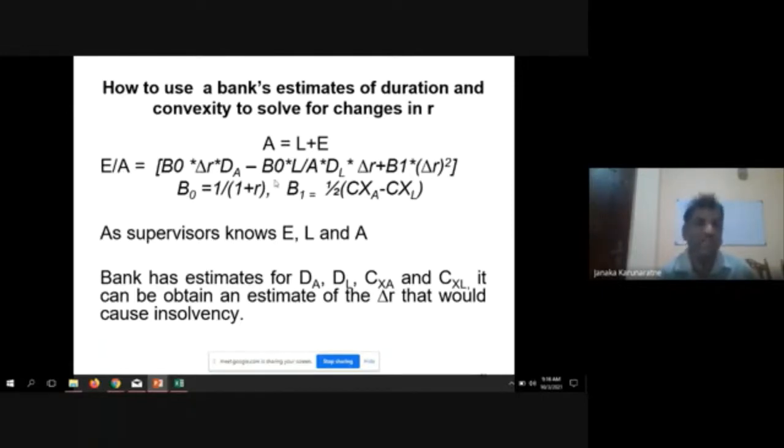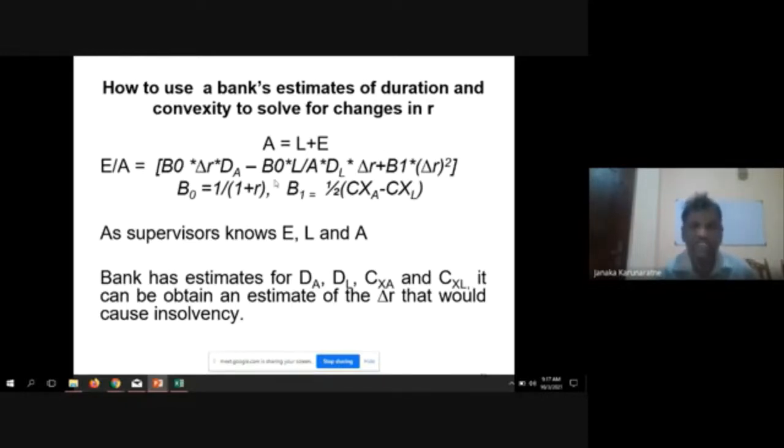Okay, so let me ask a question now. Duration of assets is 5 years. Duration of liabilities is 3 years. Let's say the leverage factor is about 0.6.